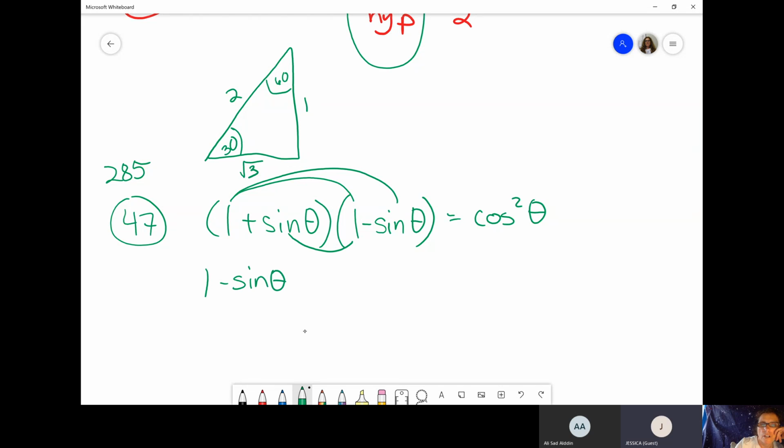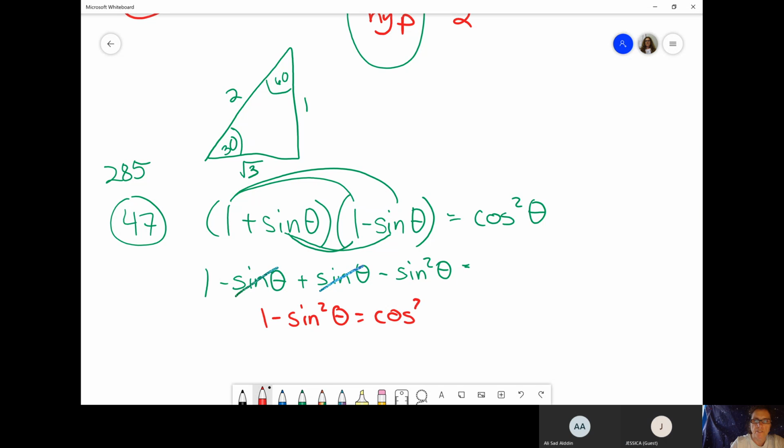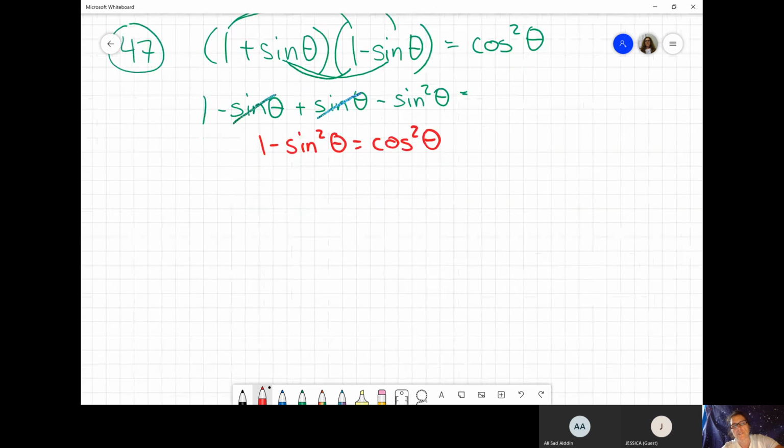That's a plus sine theta, and then we have a minus sine times sine, which is sine squared theta. Now you can clearly see that the sines cancel out. What we have left is 1 minus sine squared of theta equals cosine squared of theta. Now what?